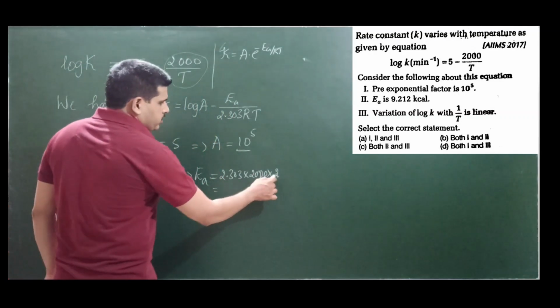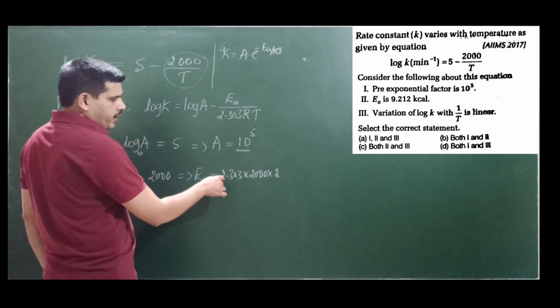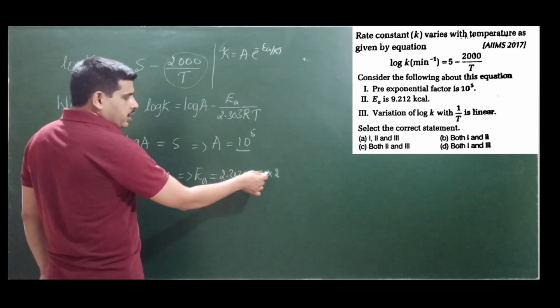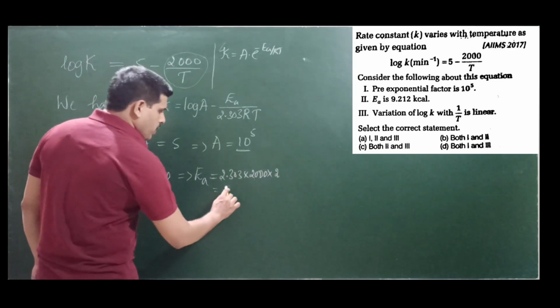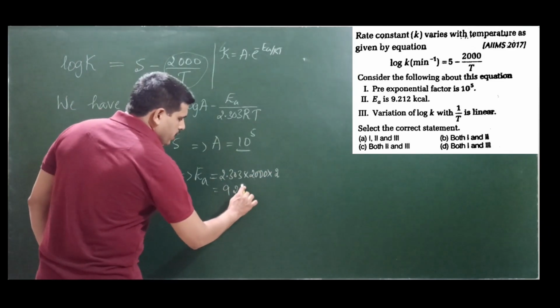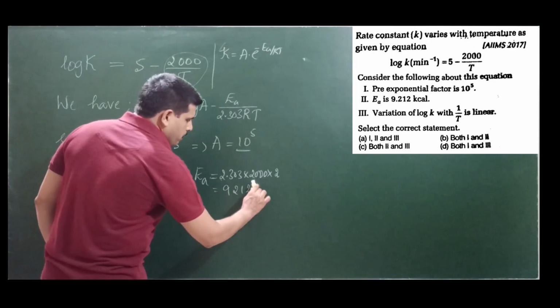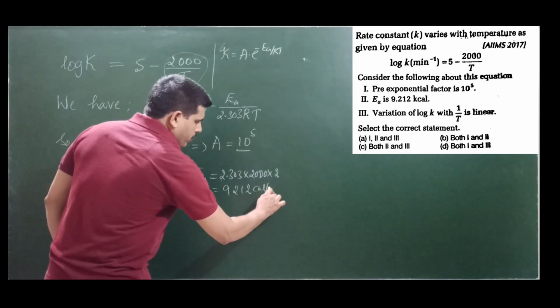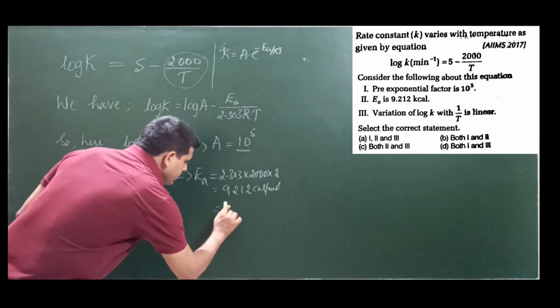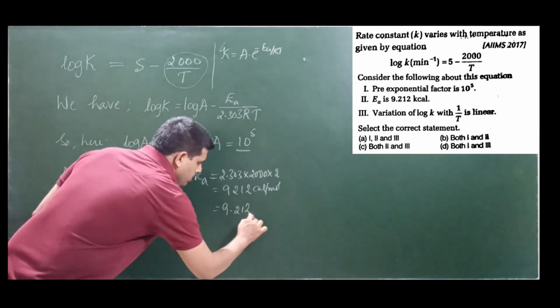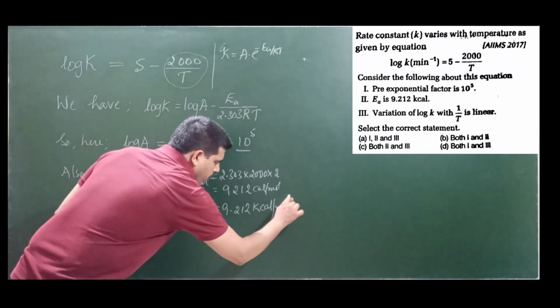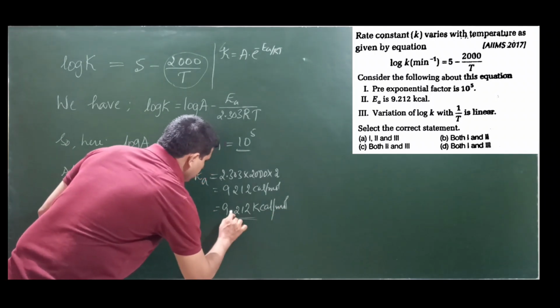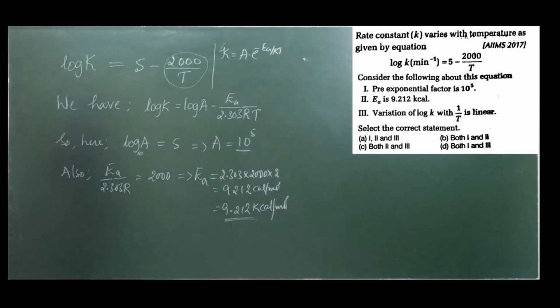So multiplying 2 into 2 is 4, 4 into 2 is 8, and again 2.303 into 4 is 9.212. So I have 9212 calorie per mole, which in terms of kilocalorie is 9.212 kilocalorie per mole. So the second statement is also right, dear students, related to activation energy.